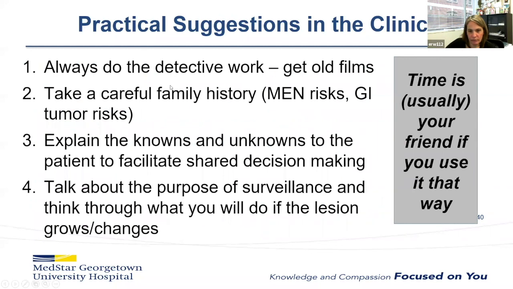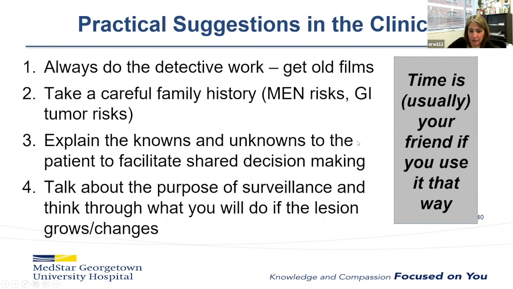Okay, so I think the most practical suggestions are get old films, get old information. This can really help you understand the natural history of the patient's particular disease. You really need to take a careful family history, and I should say physical exam with this, to think about what their risk is for MEN, and if in fact this could be a cystic neuroendocrine tumor, or GI tumor risk, meaning if they have a strong family history of pancreas cancer or related cancers like colon, breast, endometrial, or melanoma, that you really should elevate your concern about those patients in pancreatic cysts more than you would in the absence of it.